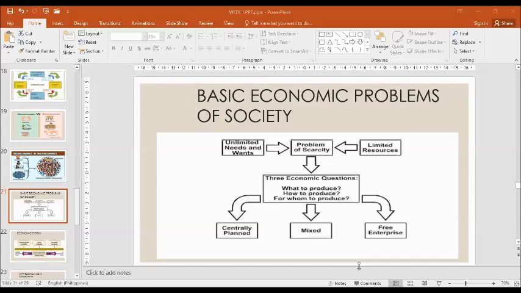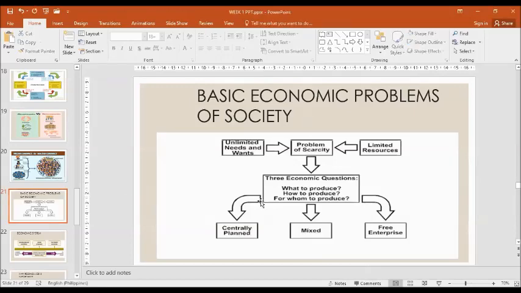Again, the question is, can a society use all its resources for current consumption? Yes, it can. And the simple reason is if the society uses all resources for current consumption, then its production capacity would never increase.